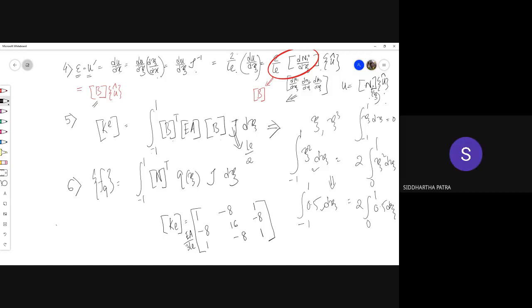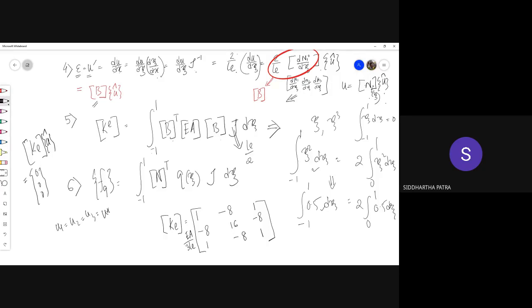You see, if u1 equals u2 equals u3 equals u star, then Ke times u hat should be 0 0 0.